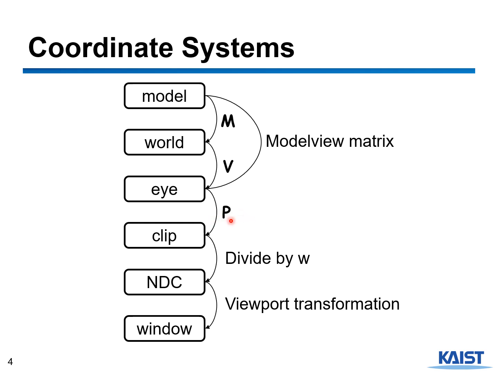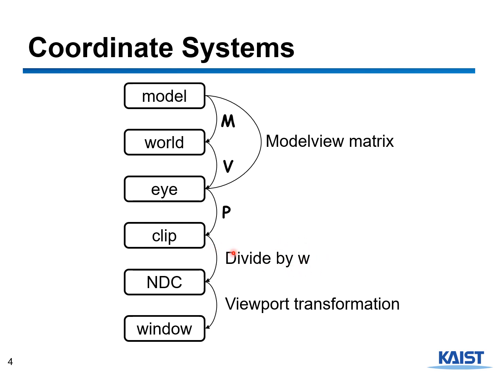By applying this projection matrix, we change the coordinates in the viewing space into the clip space. We didn't really define this clip space, but it's the space where we apply the projection matrix. Then we perform the divide by W, which is the homogeneous coordinate.